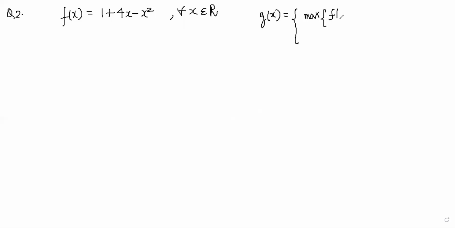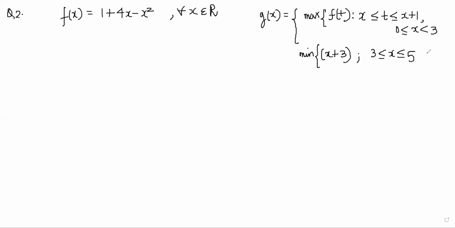Next question is, let fx is equal to 1 plus 4x minus x square for all x belongs to real, and gx is equal to max of ft such that x is less than equal to t is less than equal to x plus 1, and 0 is less than equal to x is less than 3, and the other part is minimum of x plus 3 such that 3 is less than equal to x is less than equal to 5.